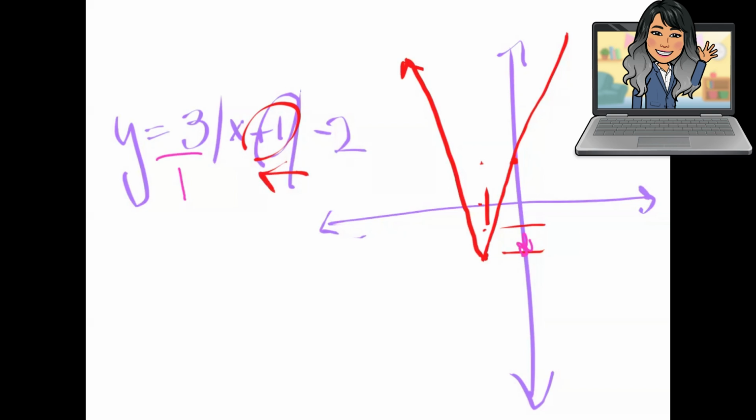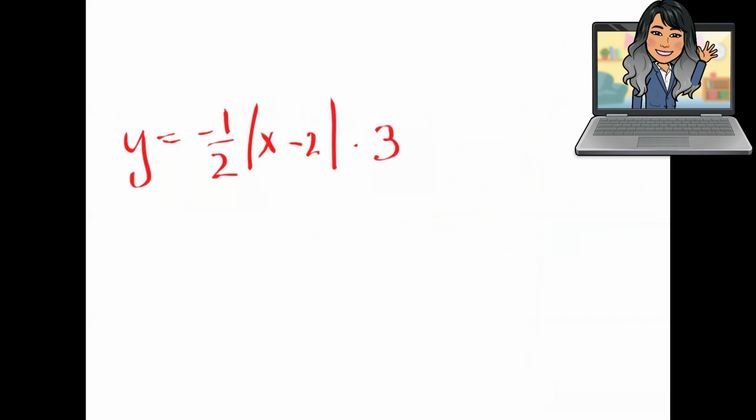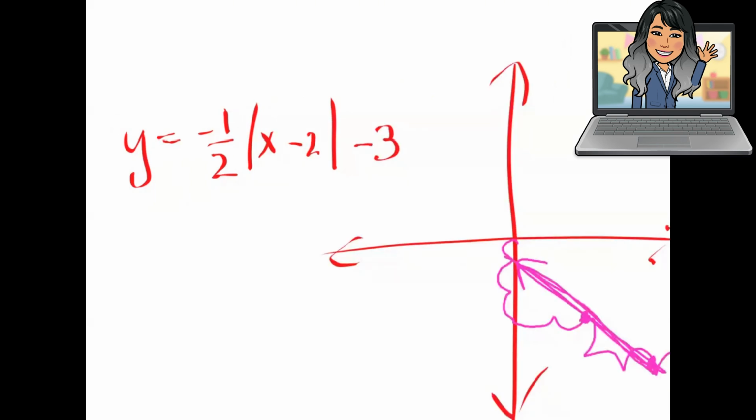Next, should we do one more? Let's do it. I'm gonna give you one more here. Y equals -1/2 absolute value of x minus 2, minus 3. Let me try that one. So first you're gonna go down 3, 1, 2, 3, and then you're gonna go right 2, perfect, because it's plus 2, down 3.